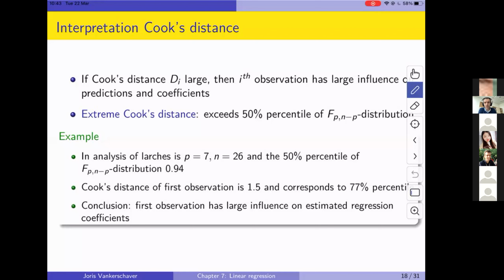What we can do is make use of a fact that follows from the definition of Cook's distance.